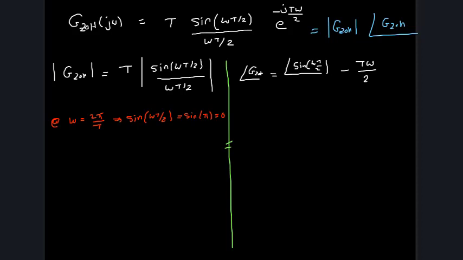So this means that the amplitude of the zero order hold will equal 0 at the sampling frequency, or at multiples of the sampling frequency, at omega s or multiples of omega s.